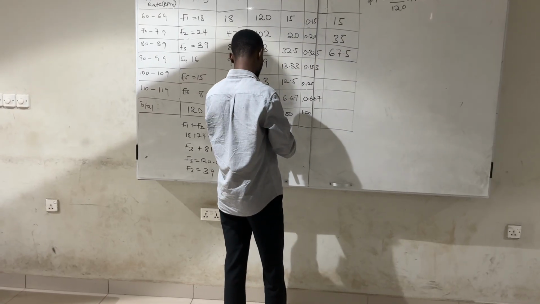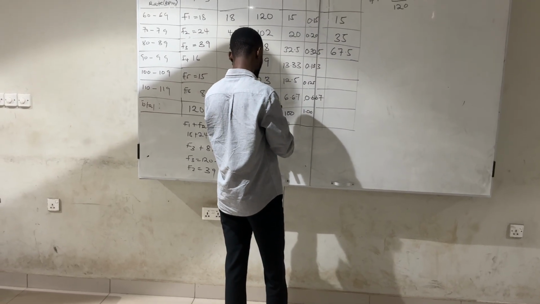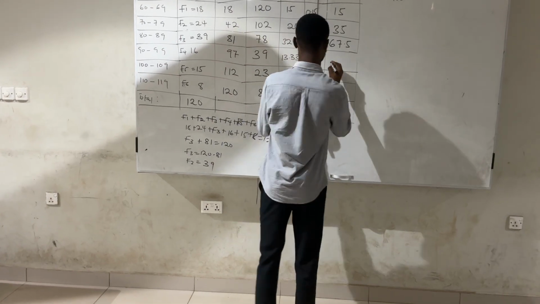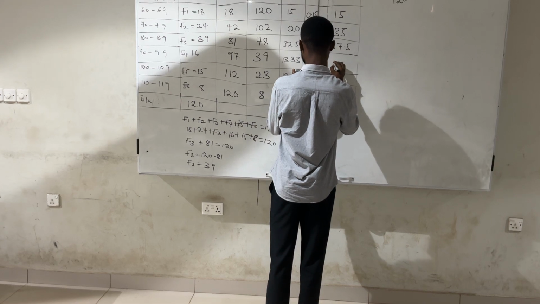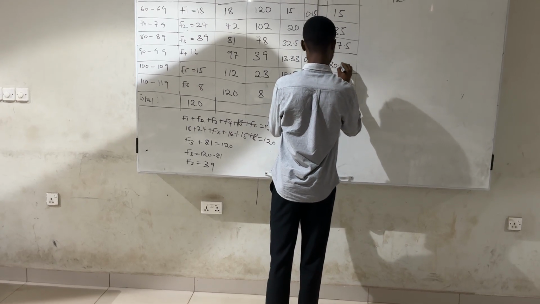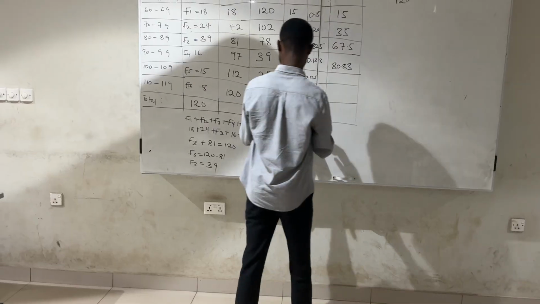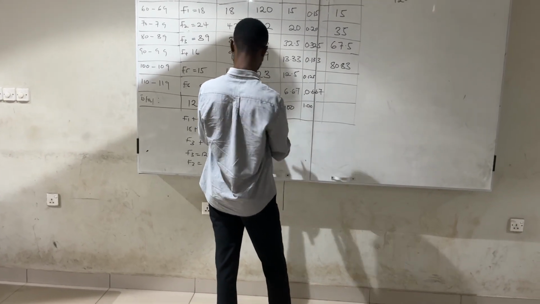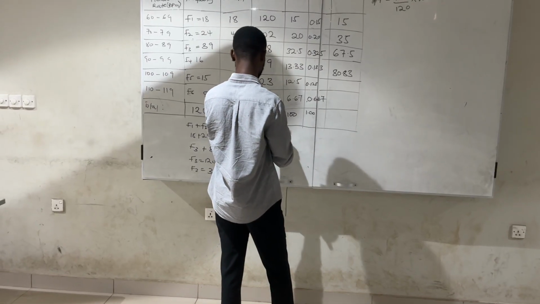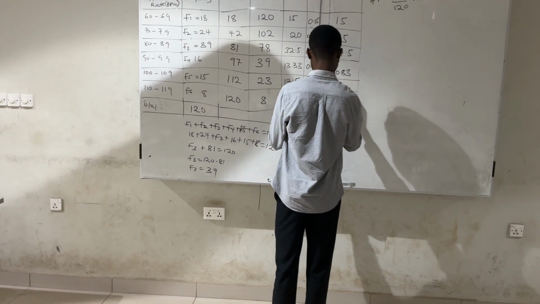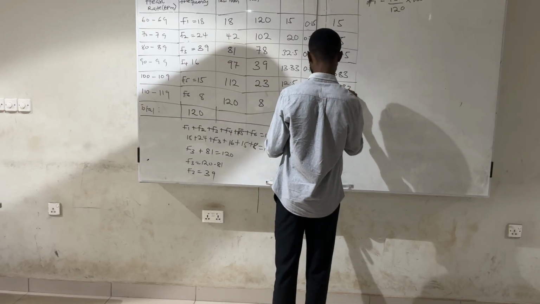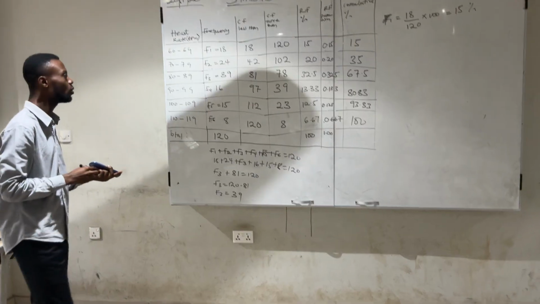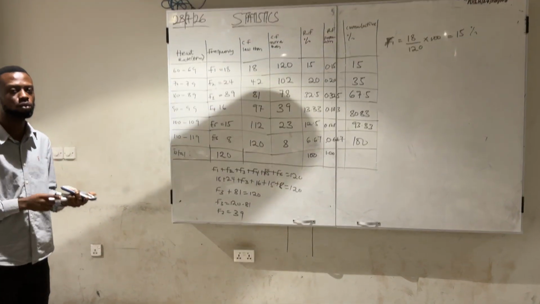Then 67.5 plus 13.33 you get 80.83, plus 12.5 you get 93.33, then 100. Good. So you've been able to complete the table.